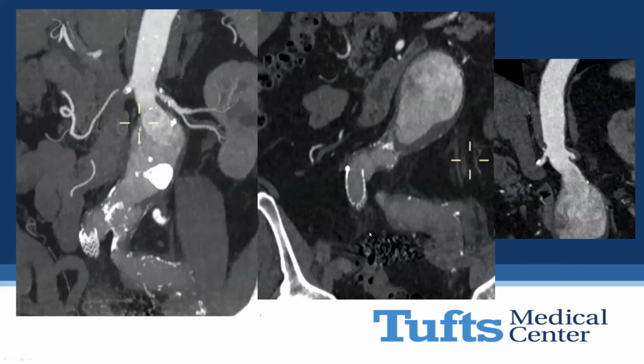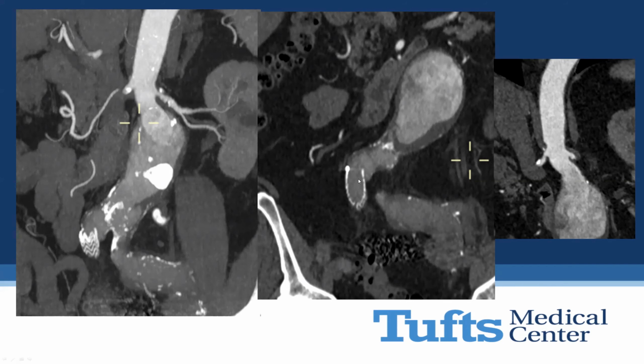This is just some planning CTs, showing a relatively short neck, not terrible. On this view, it's much better. Bunch of angulation. Of note, this is the prior stent, a 16 millimeter limb that was in no way expanded to 16 millimeters.